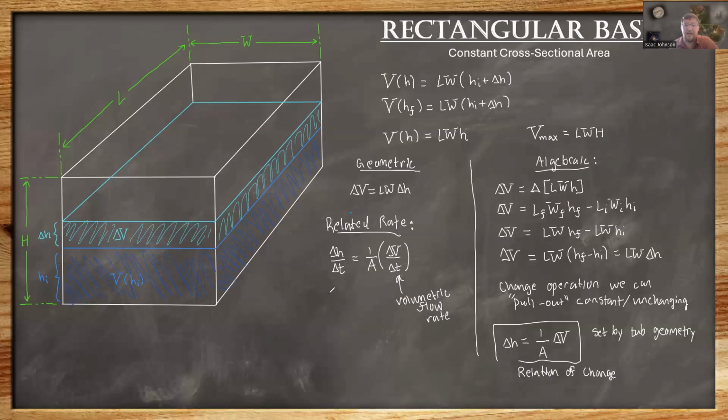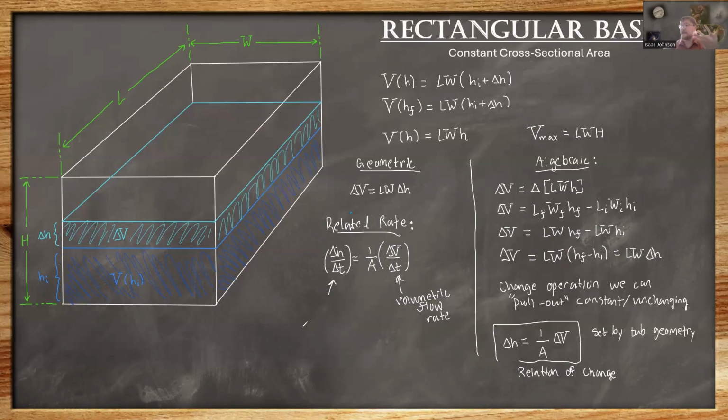And then over here, what does delta H over delta T represent? Is it a height flow rate? What's that? Yeah, height flow rate? Sure, you could call it that, right?